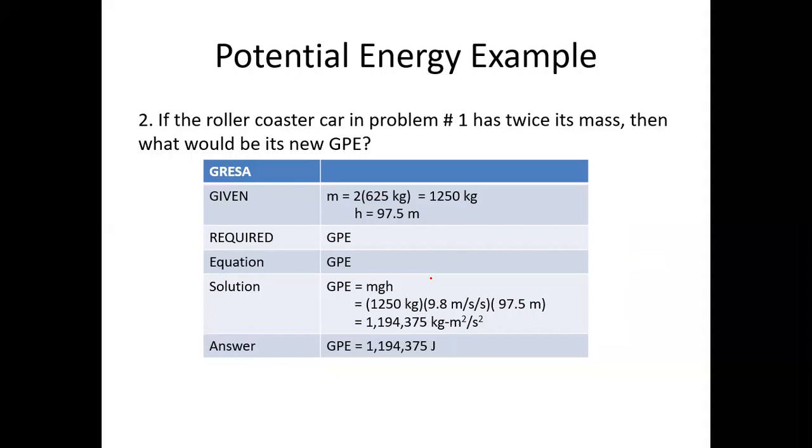Solution: 1,250 kilogram times 9.8 meter per second squared times 97.5 meter will give you 1,194,375 kilogram meter squared per second squared, or 1,194,375 joules.